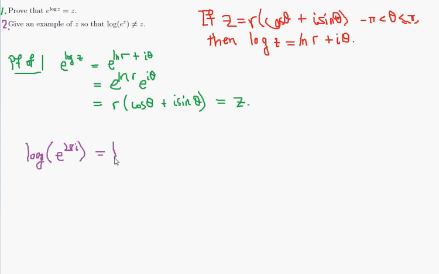So that's equal to the logarithm of cosine 2 pi plus i sine 2 pi, and cosine 2 pi is 1, sine of 2 pi is 0, so that's going to be the logarithm of 1 base e, and so that's just simply going to be equal to 0. And notice that is not equal to 2 pi i.